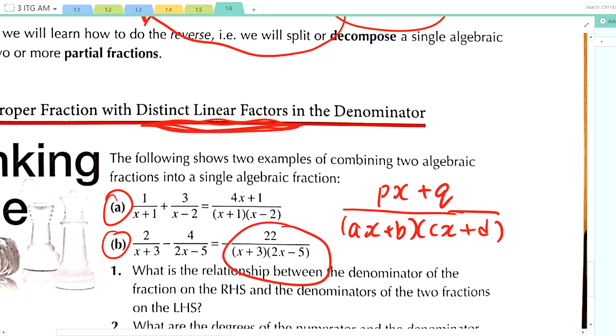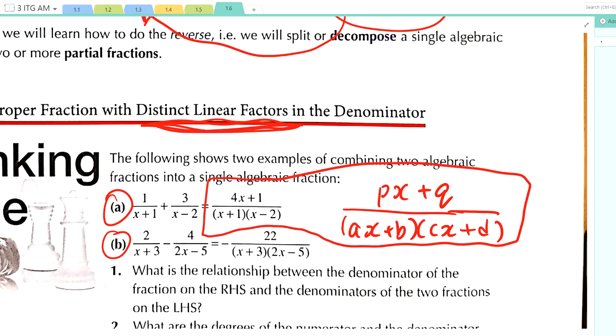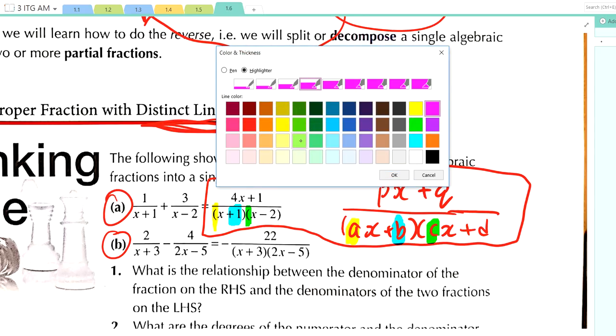The degree is 1. If we compare it with part A, the value for A will be 1. The value for B will be 1, positive 1 again. The value for C is actually 1. And the value for D, okay, I can't really see clearly. Let me choose another color, orange.